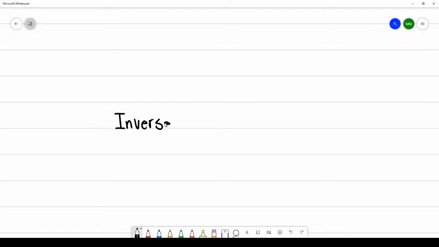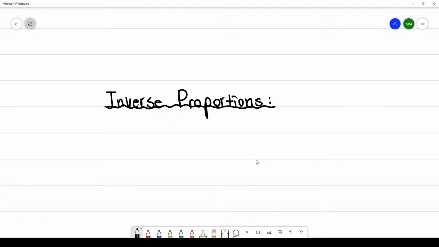Inverse proportions. So last day, we looked at direct proportions. And if you still remember what direct proportion is, when one quantity goes up, the other quantity goes up. But for inverse proportions, it's exactly the opposite.